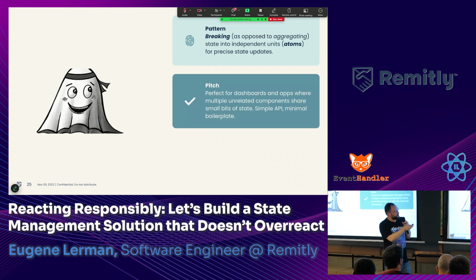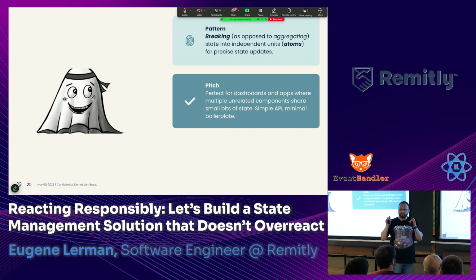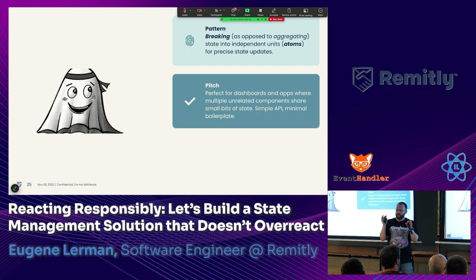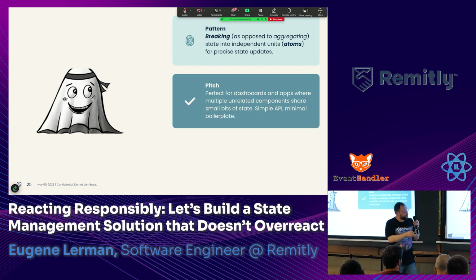So the pitch for who wants to use this cute ghost is that it's perfect for dashboards, perfect for all sorts of web applications where you have widgets that are components and they're not necessarily part of the same state tree. Maybe, sorry, not state tree, part of the same React tree, right? So you can't just wrap them with a provider, or if you can, you'll be wrapping too much. And that's why this is pretty good for that.